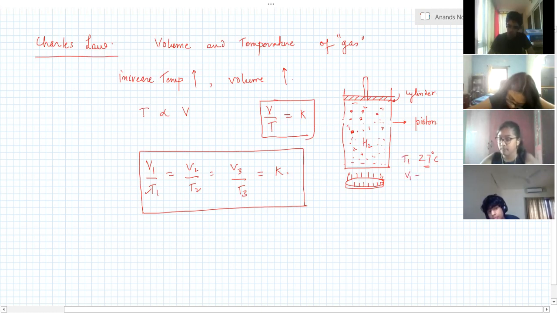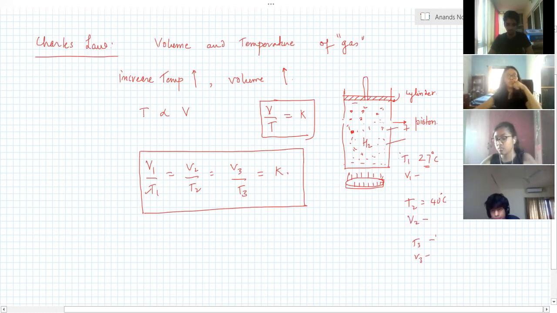Then you increase the temperature, and check how much the temperature became. Let's say T2 was 40 degrees centigrade. Then it will have some V2. Again, you increase it, let it become 75 or 100 or whatever. That is your T3 and V3. So each time you do this experiment, you will see that the ratio V1 by T1 will be equal to V2 by T2 will be equal to V3 by T3.